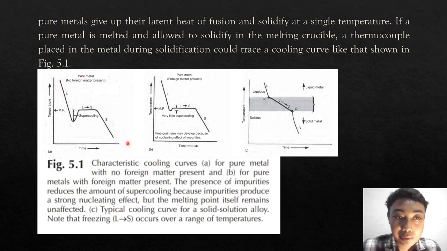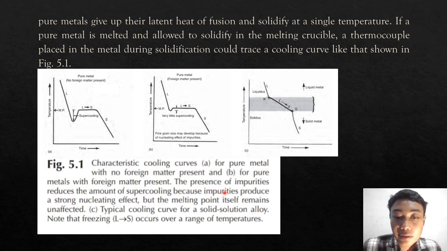Just like this picture, the first is pure metal with no fragrance metal present, and the second is pure metal with fragrance metal present. Cooling curve A is for pure metal with no foreign metal present, and B is for pure metal with foreign metal present.